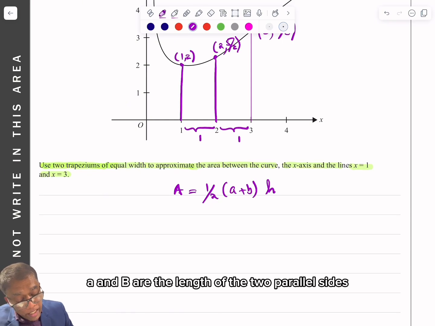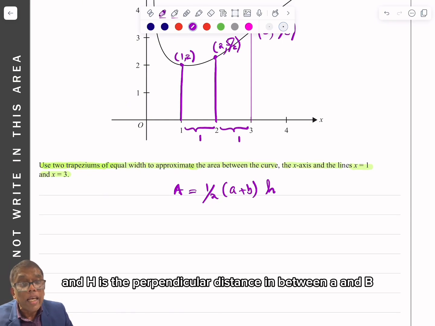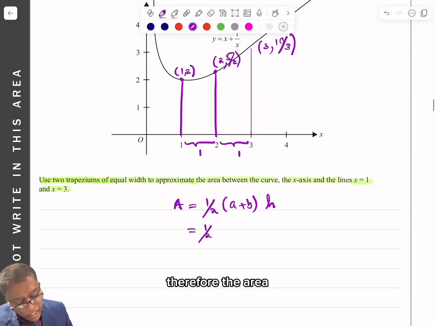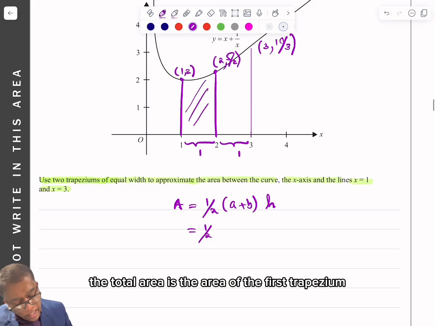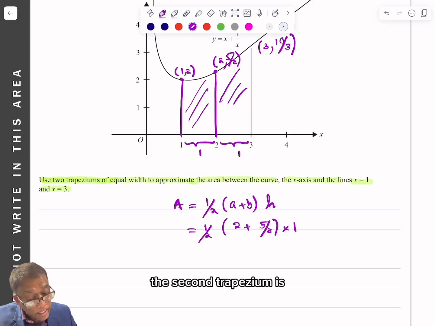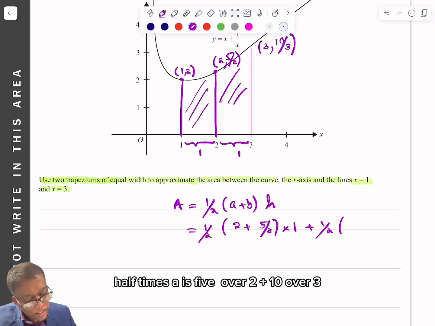A and B are the lengths of the two parallel sides and h is the perpendicular distance in between A and B. Therefore, the total area is the area of the first trapezium, which is half times (2 plus 5 over 2) times 1, plus the second trapezium, which is half times (5 over 2 plus 10 over 3).